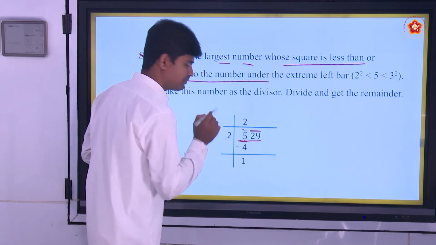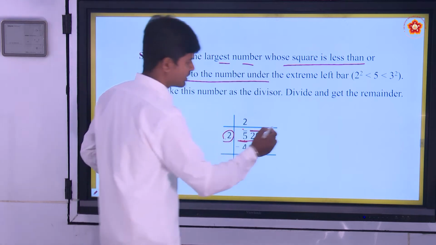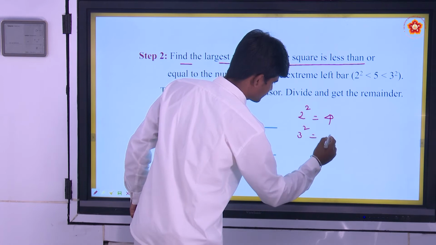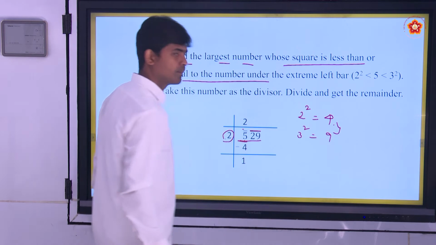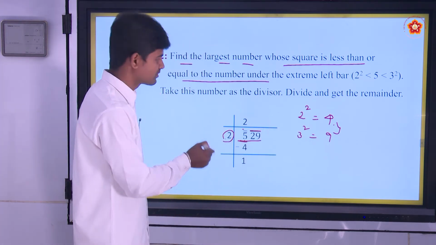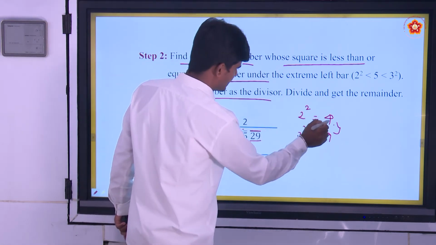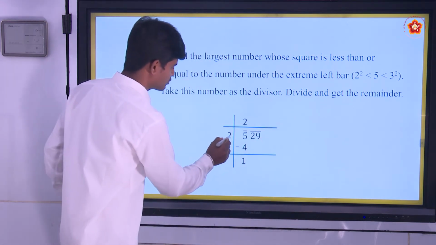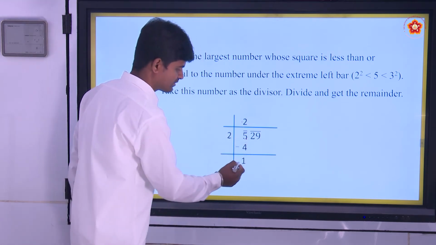In this case we take 2. Why? Because 2 squared is 4, 3 squared is 9. So 5 lies in between these two, but 9 is greater than 5. So we take the smaller number as the divisor. So we take 2. 2 twos are 4. Now 5 minus 4 is equal to 1.